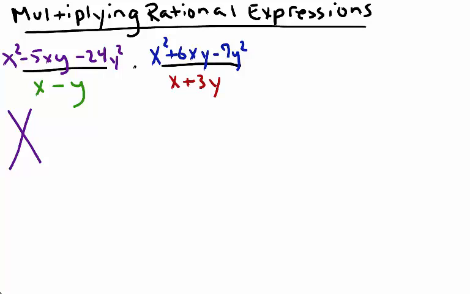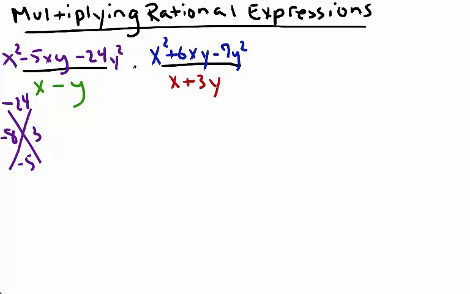Recall, a is the lead coefficient, b is the coefficient of our middle term, here it's negative 5, and c is the coefficient of our final term, here that's negative 24. So in this case, I'm looking for factors of a times c, negative 24, that add up to b, which is negative 5. And those factors will turn out to be negative 8 and positive 3.